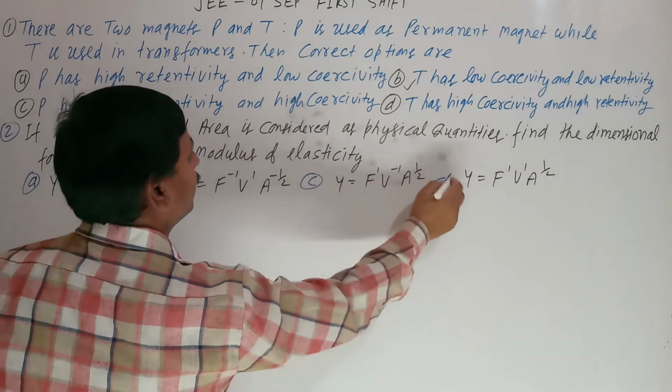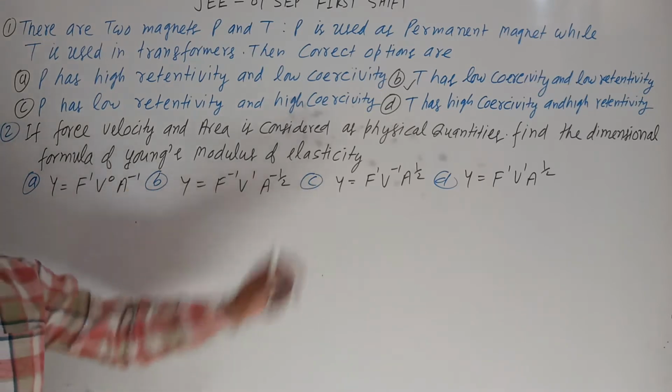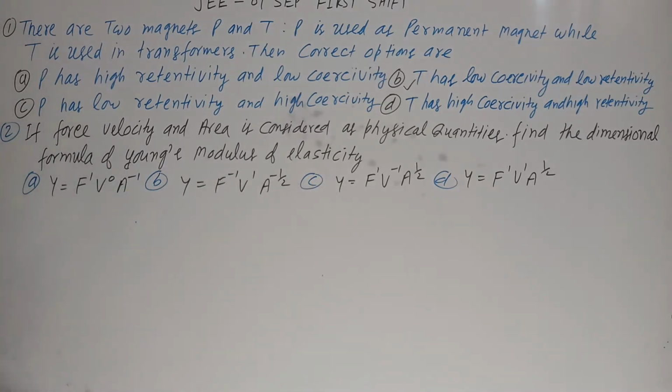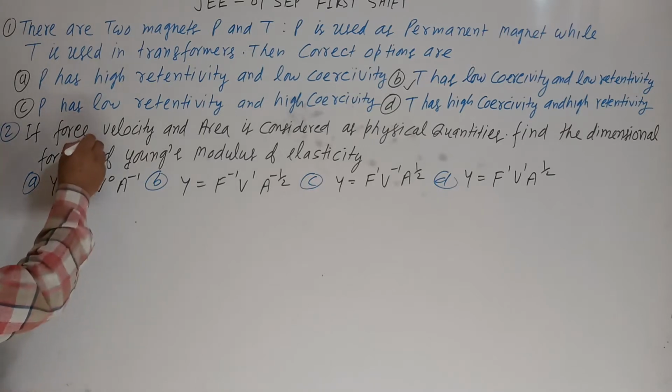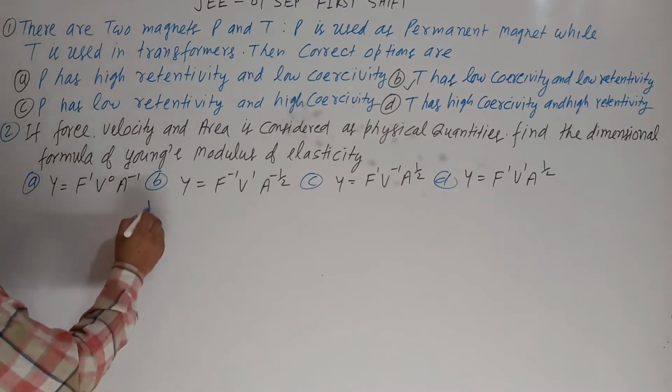They have given the options: Y is equal to F power 1, V power 0, A power minus 1, and so on. See, force, velocity and area are considered as physical quantities. So the dimension formula of Young's modulus in terms of force, velocity and area.